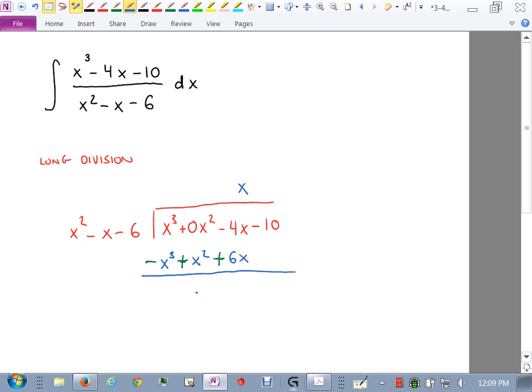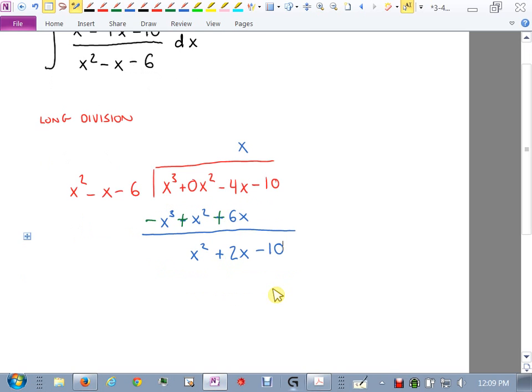Add down, we should have x squared plus 2x, and then bring that minus 10 down. Now, to turn x squared into x squared, I just need to multiply by 1. And that gives me exactly x squared minus x minus 6. Now subtract, which changes the signs.